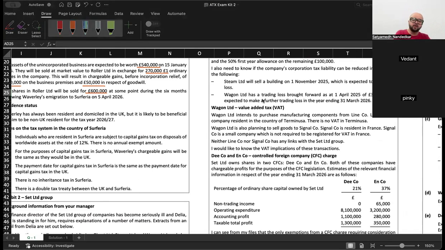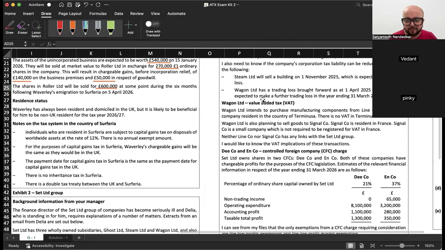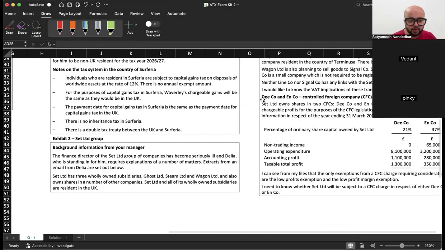What Stream Limited can do is Stream Limited can transfer the asset to Ghost Limited at a no gain, no loss transfer, and then the loss can be borne by Ghost Limited, and this loss that is now incurred by Ghost Limited can be set off against chargeable gains after it became a member of the Set Limited group. यहाँ पे कोई dates दिया है क्या, when these companies join the group or not?